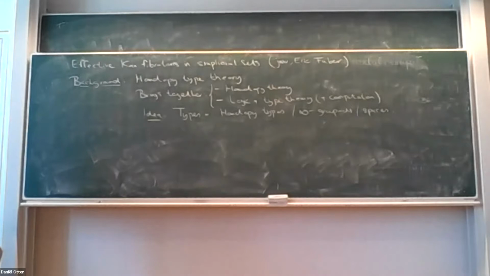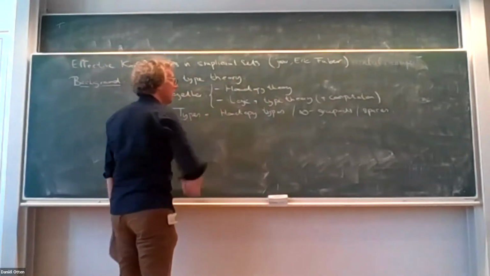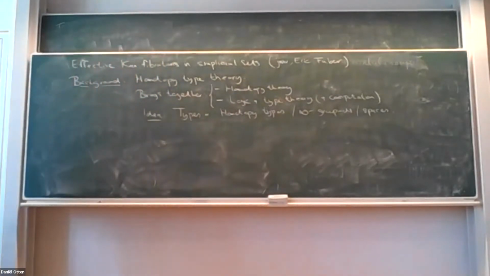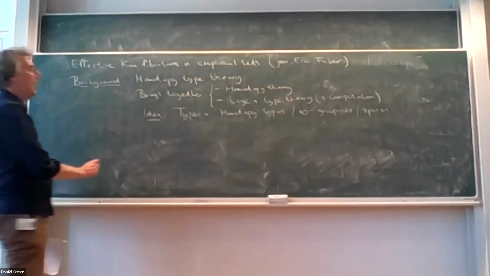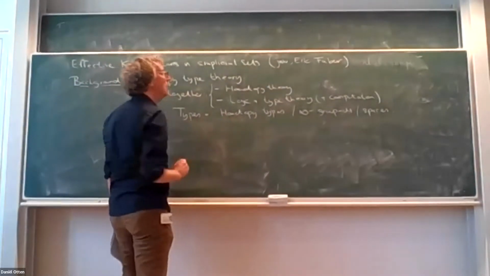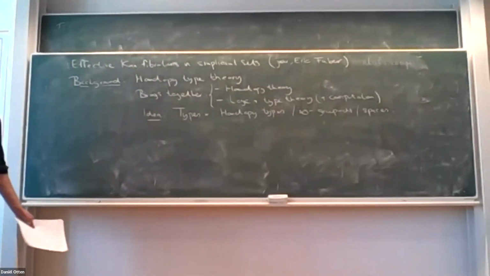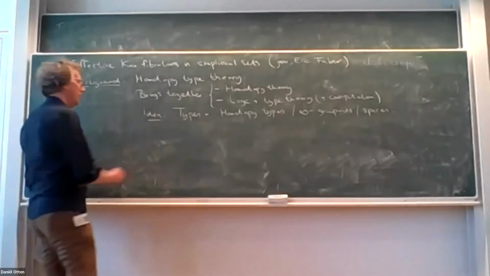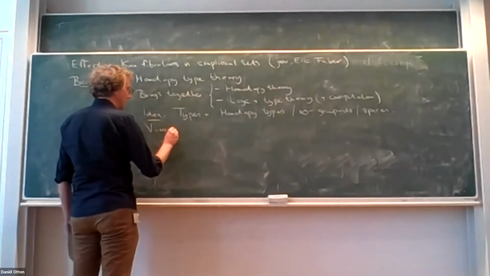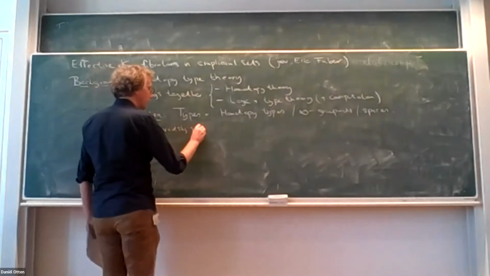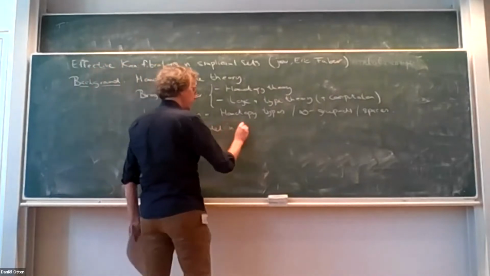So one question, of course, always is that having this idea is nice, but can we make this precise? In particular, can this really lead to precise semantics for type theory? And that is, I think, why we care so much about Voevodsky's model in simplicial sets.